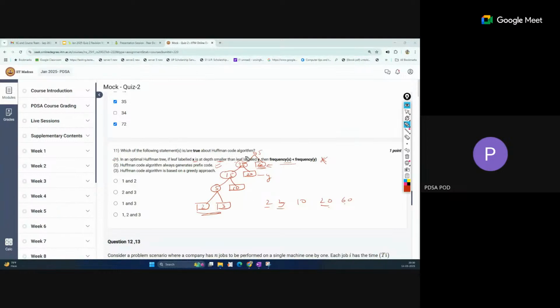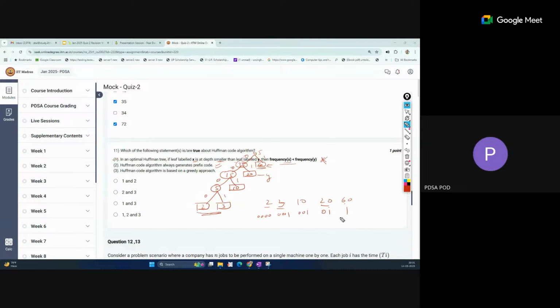So Huffman code, what is this? If you generate the Huffman code, the 2 will become 0 0 0 0, and 3 will become 0 0 0, and this 10 will become 0 0 1, and this 20 will become 0 1, and this is the 1.